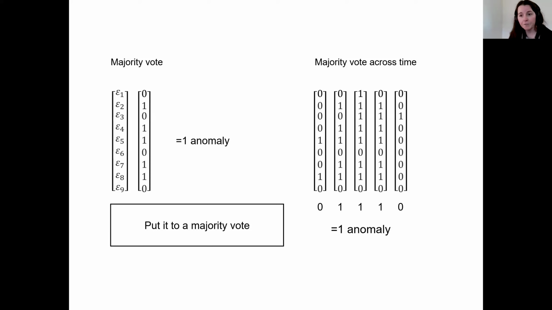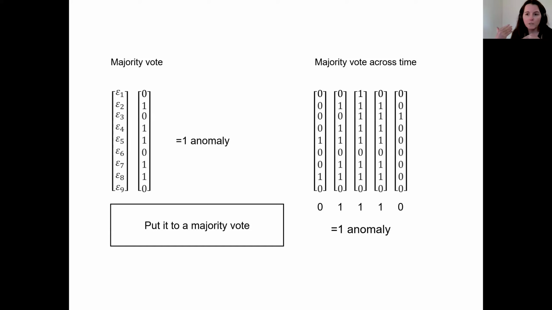And we have 9 different votes. So 5 out of 9, majority vote, it is an anomaly. We can see here, we're not only thinking in terms of this one view, but also over time. If this is a streaming data source, we're looking at streaming data, a window moving through time.